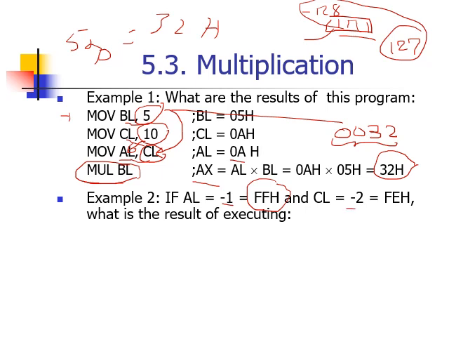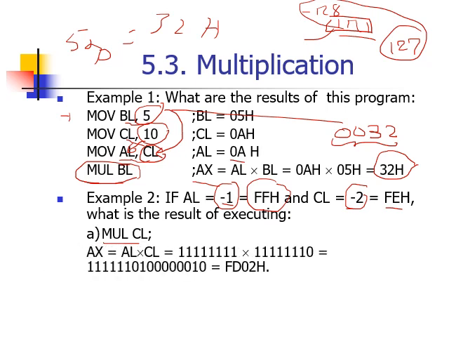Minus 2 is represented by this. Okay, of course, in two's complement. So what is the result of executing mul CL? So you will take the value inside your AL multiplied by the value inside your CL regardless of the sign. This is mul. So as if you are multiplying this number by this number.